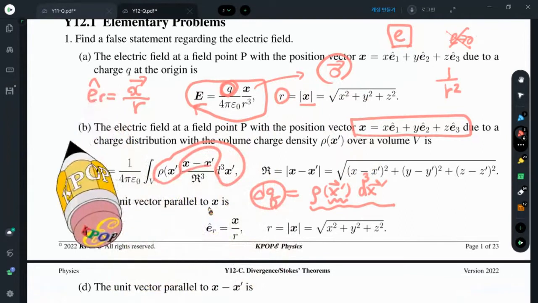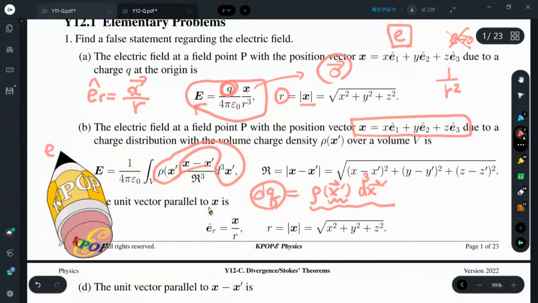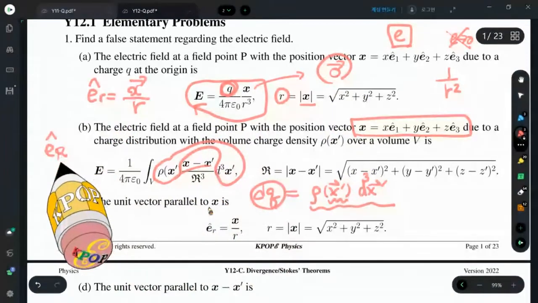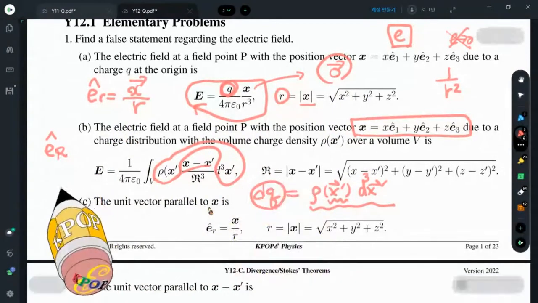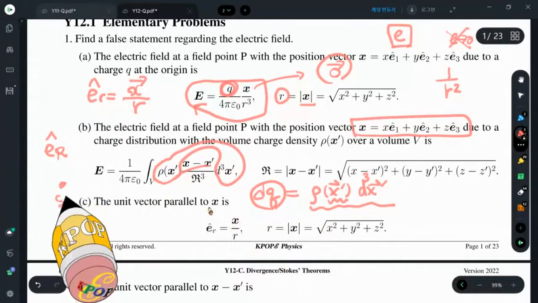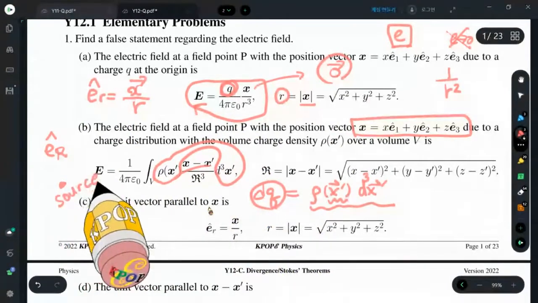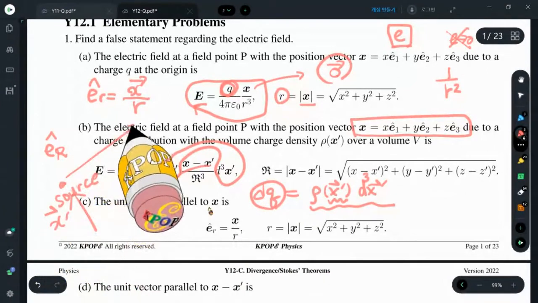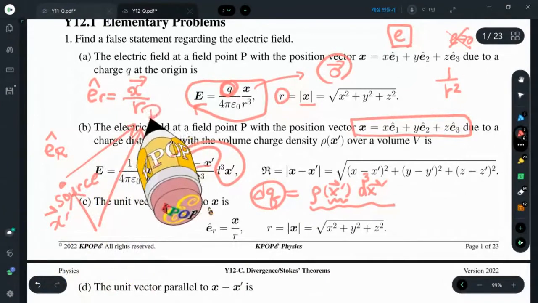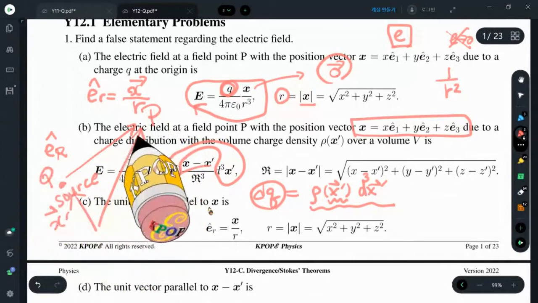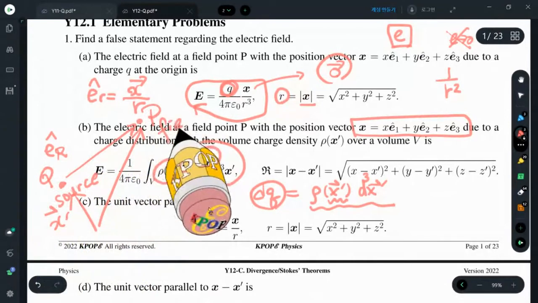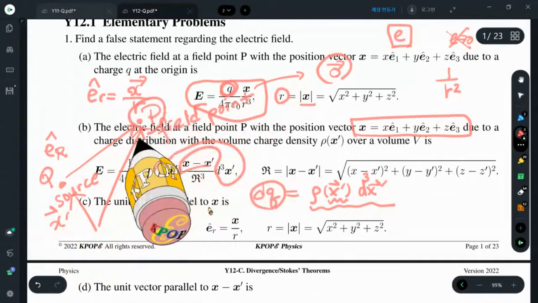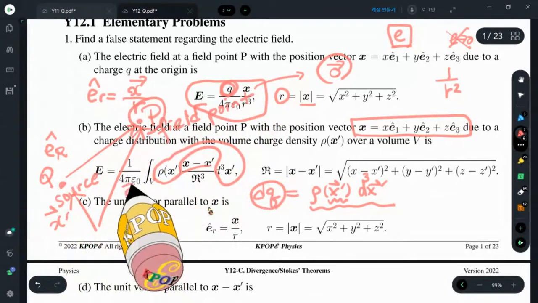And we need to replace this r hat with R hat, capital R. That capital R is from the source. The source is at x prime, and the field point is P. We measure the electric field at this point, and its vector is x.